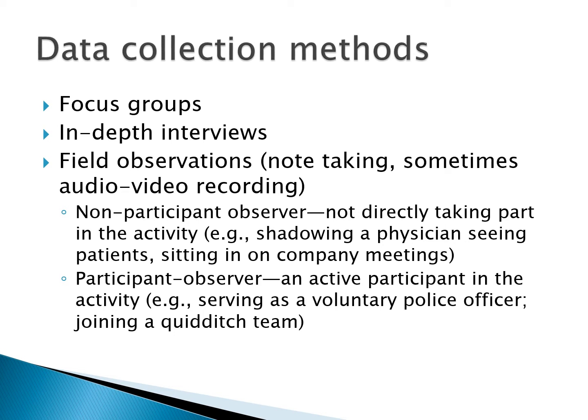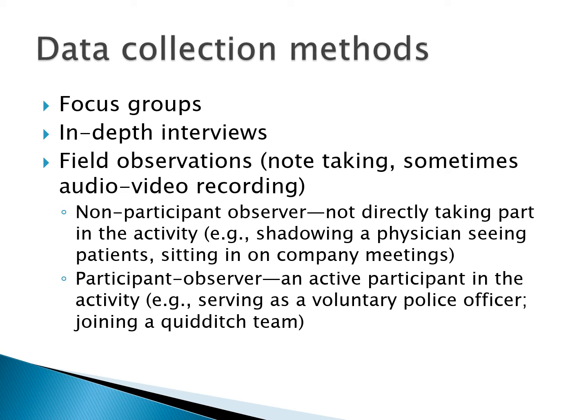So like if you're shadowing a physician seeing patients, you're sitting in on company meetings, you're volunteering at a board meeting just to sit back and watch. Sometimes that's what people do when they have internships, is you get to shadow someone and watch what they do and how they do their work. That's the non-participant observer.